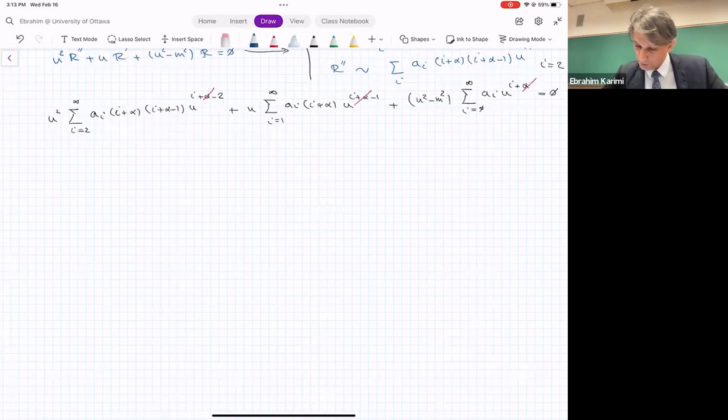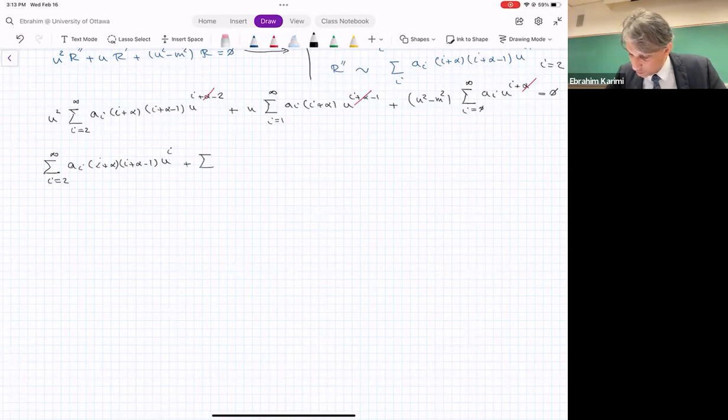Okay, so then it means that you will have summation of i from 2 to infinity, ai, i plus alpha, i plus alpha minus 1, u power of i essentially. Okay, because minus 2 and plus 2 cancel each other, alpha goes away.